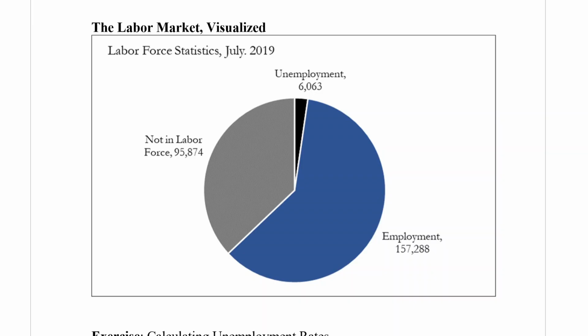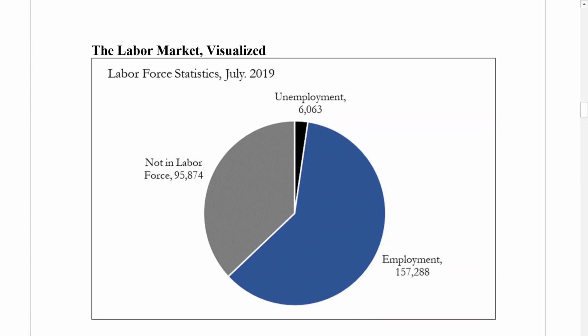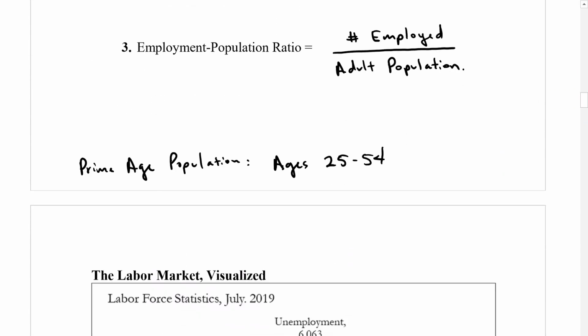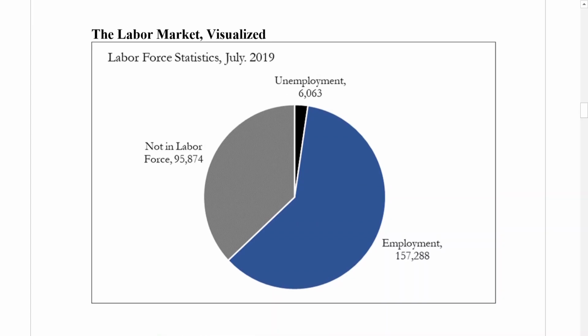And what we're going to do in the next video is calculate the statistics with those numbers there: unemployment rate, labor force participation rate, and employment population ratio, to give an example. So that's the definitions, that's how we calculate them, and now we're actually going to put that into practice and calculate those labor market statistics. We're going to do that in the next video. So I will see you there. Thanks.